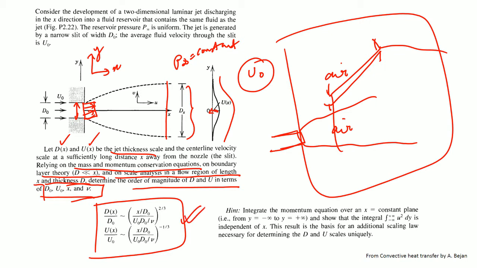There is also a hint that you need to integrate the momentum equation at any x, that means at any particular plane, in the y direction, and this can result in some additional scaling laws. We have to take care of these scaling laws and find out how this jet actually behaves.